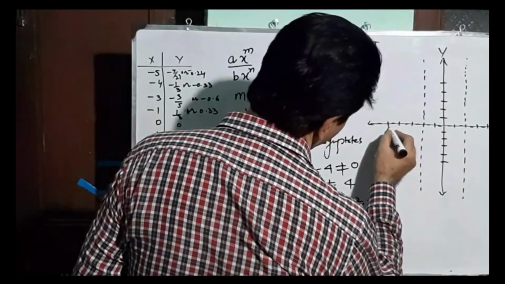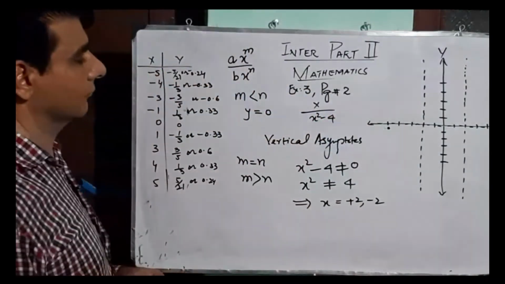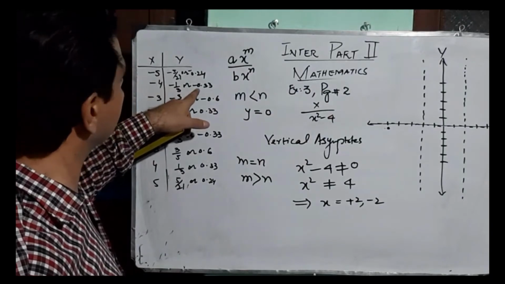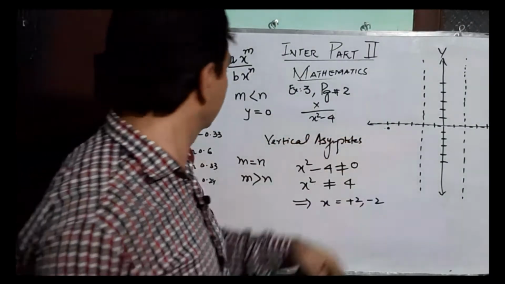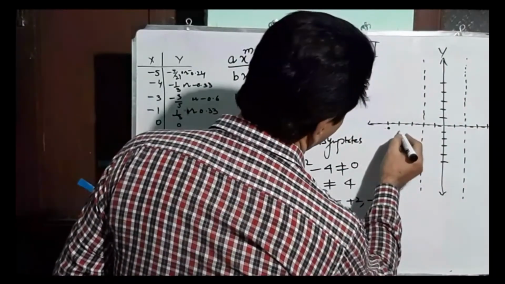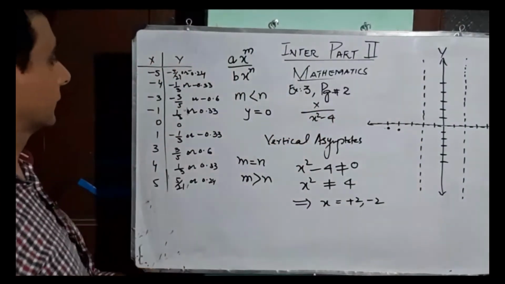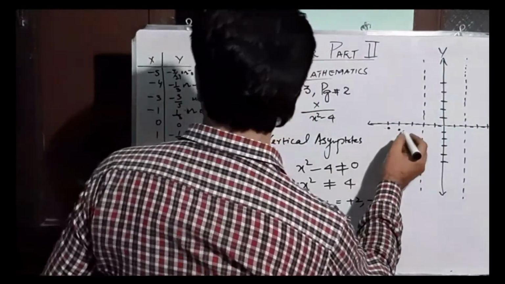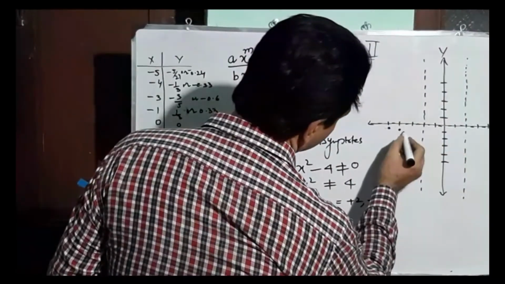Almost it will be here. It will be the first point. Now for -4 and -0.33, almost a third part. So for -4, put a dot here, and for -3, 0.6, more than half.